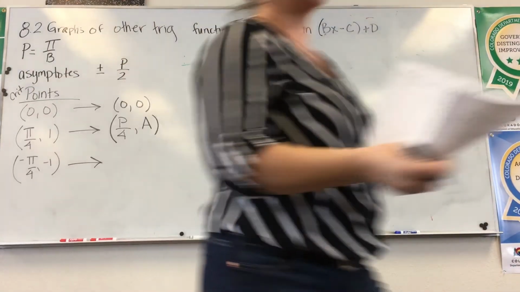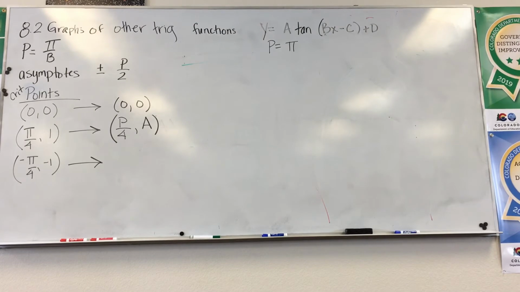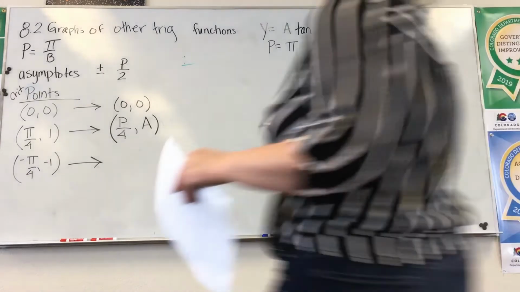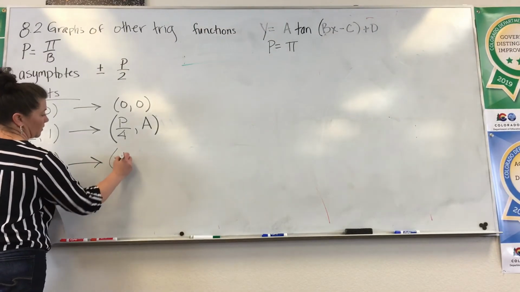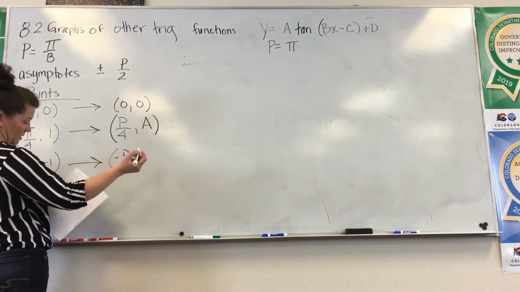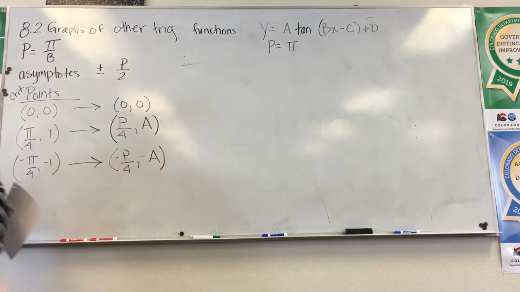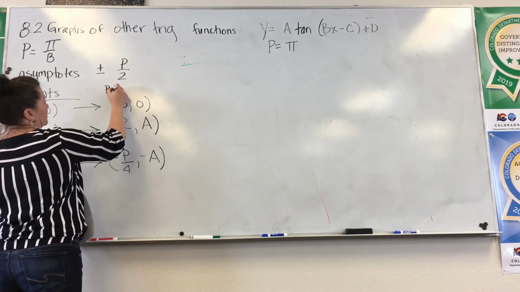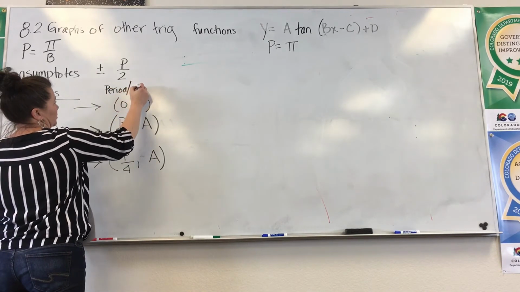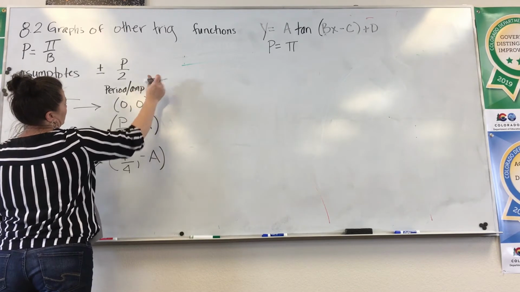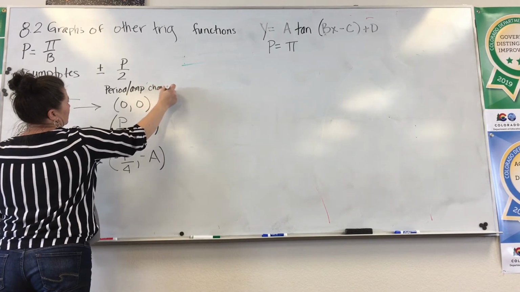So you take that period, divide it by 4, and change it from 1 to whatever the A value is. Then you're going to have negative of the period divided by 4 and a negative A value. So those are your critical points if we're just changing the period and the amplitude. And I'm still going to call it amplitude even though it's not.